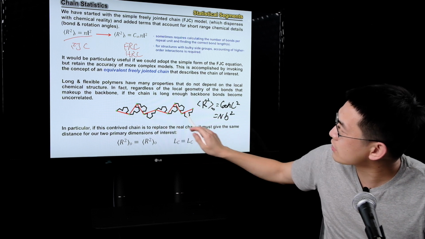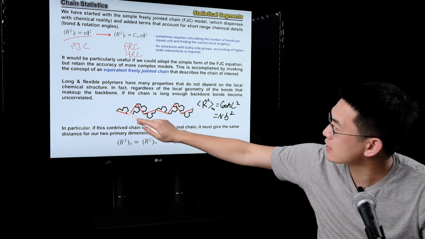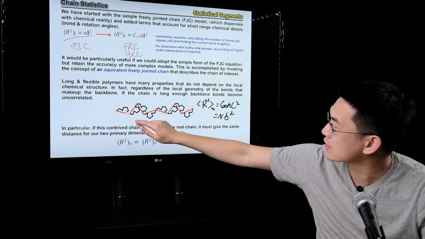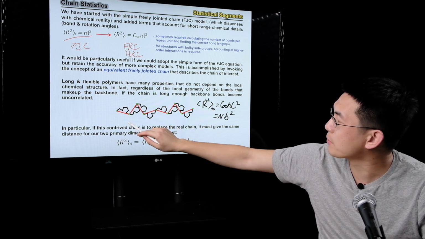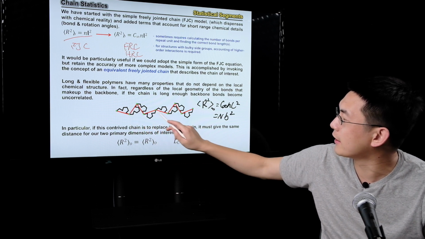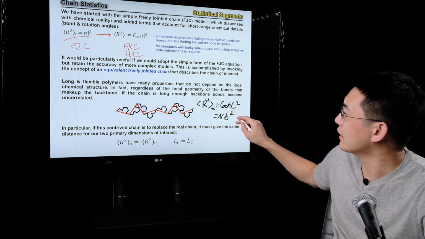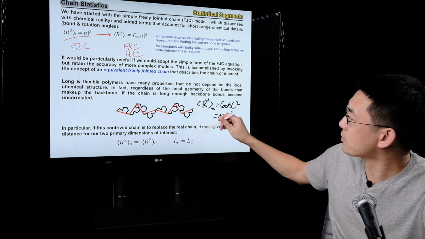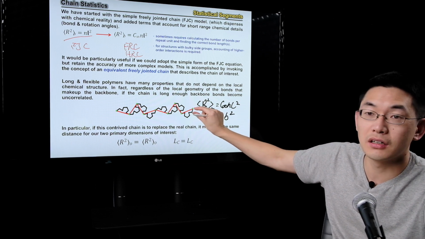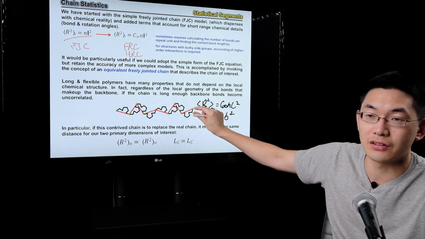So you can think about n as the number of these black segments along the backbone. You can count: 1, 2, 3, 4, 5, 6, 7. Each one of 7 bonds, so you can multiply by 7, and there's a total of 49 bonds, represented by a single segment here, a short carbon-carbon black dotted line.